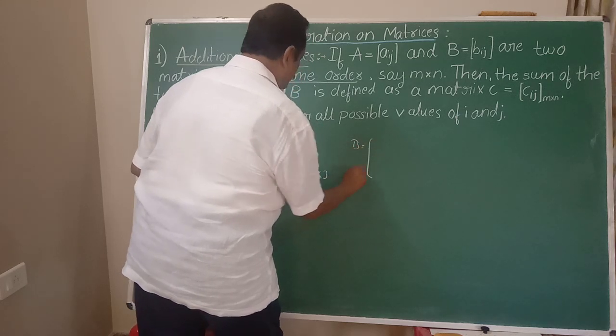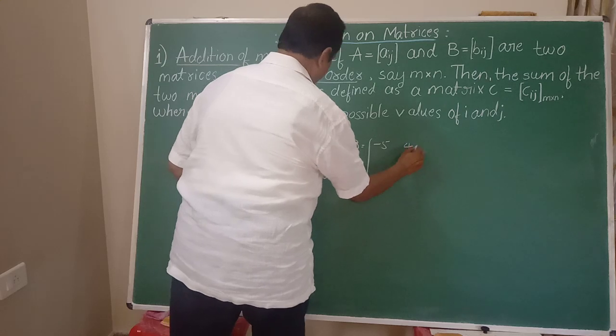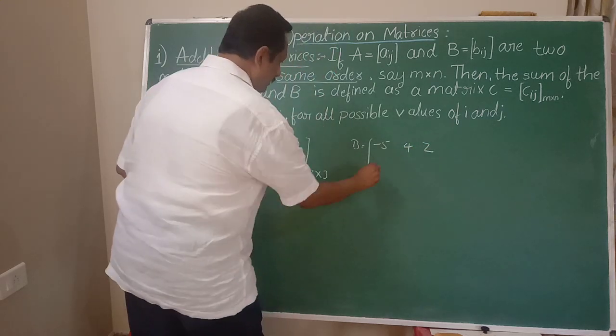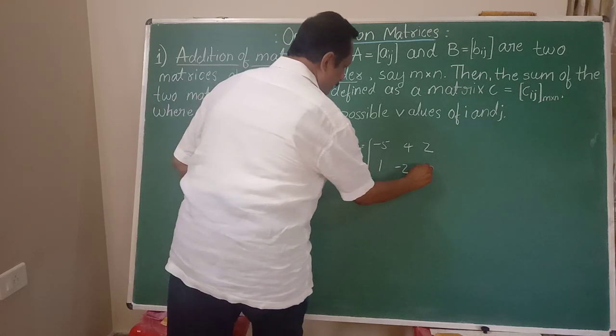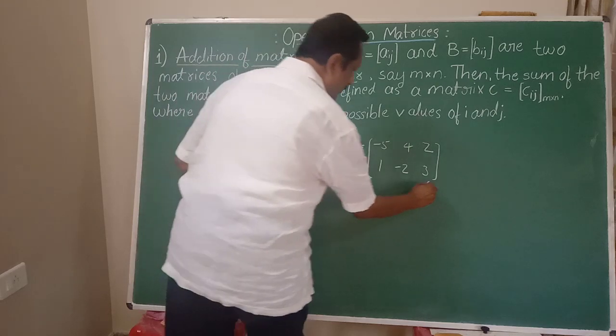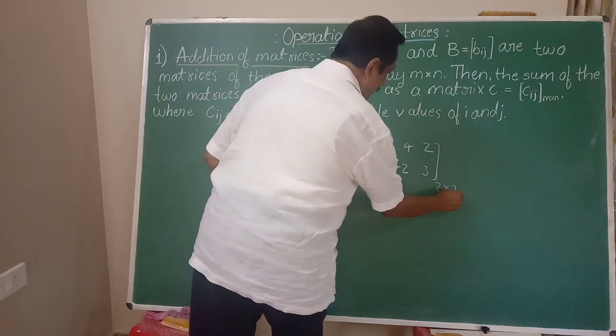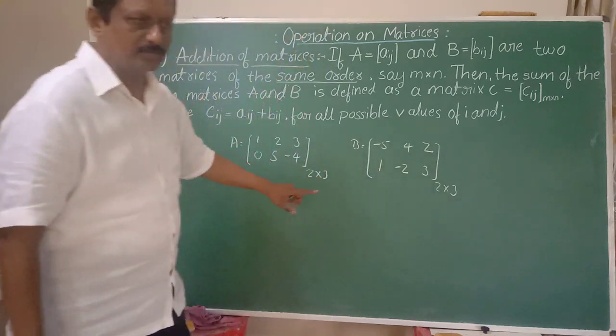B is equal to minus 5, 4, 2, then 1, minus 2, plus 3. This is one more matrix here. It's again order 2 into 3 only. So both are having the same order here, 2 into 3.